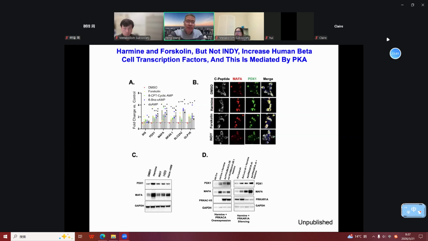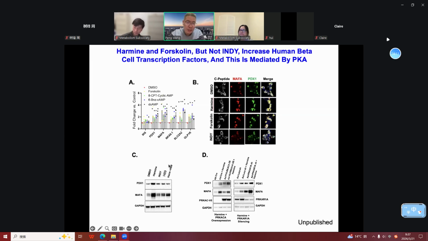Even more, we also think that if that's true, when we use a PKA inhibitor, we should be able to block all the effect induced by harmine. So we use a typical classical PKA inhibitor, which is H89. We treated with DMSO, harmine, H89, and harmine plus H89.